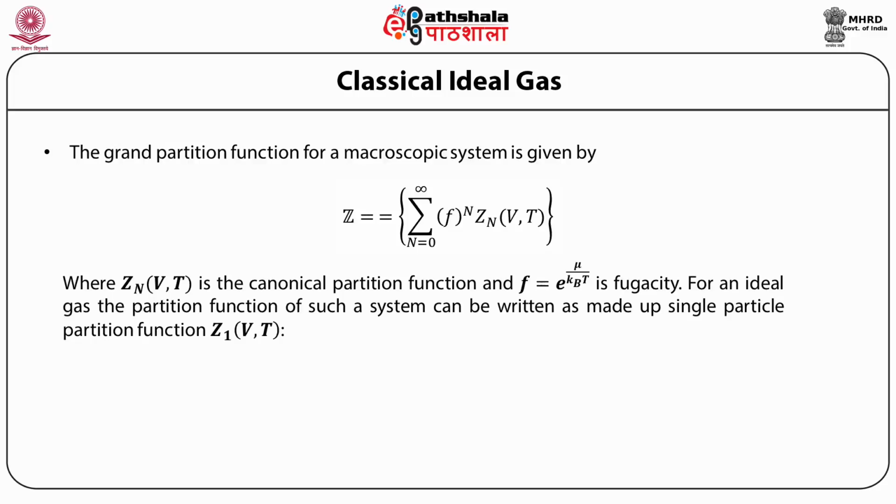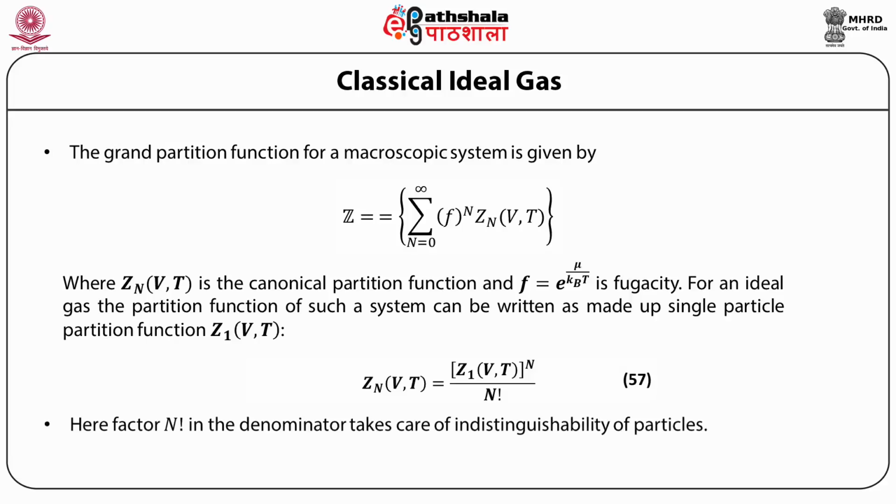For an ideal gas, the partition function for such a system can be written as made up of the single particle partition function Z_1(V, T), so that Z_N(V, T) = Z_1(V, T)^N / N!. Here, the factor N! in the denominator takes care of indistinguishability of particles.